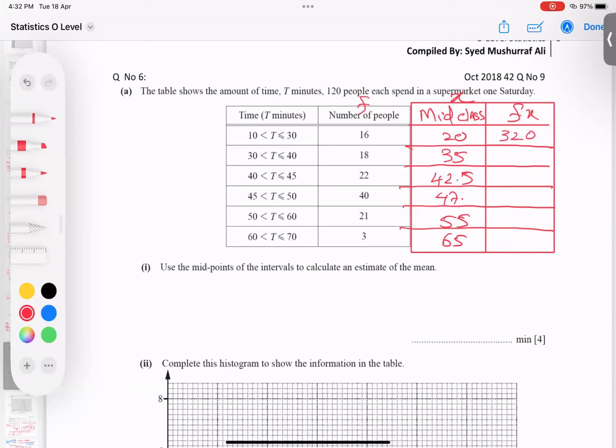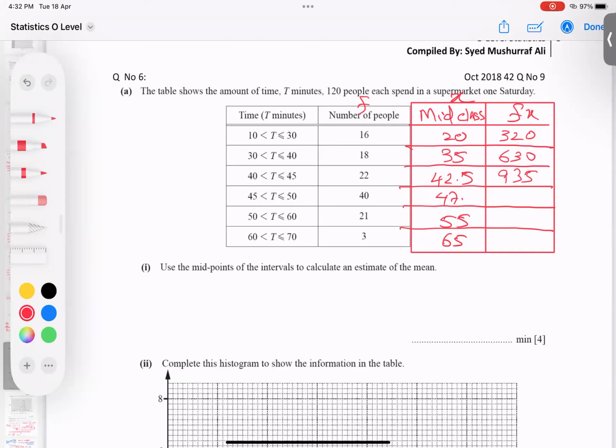Anyway, I checked the rest even. So 35 times 18 gives 630. Then 22 times 42.5 gives 935. Let me check, 47.5, I mean 47 point 5.